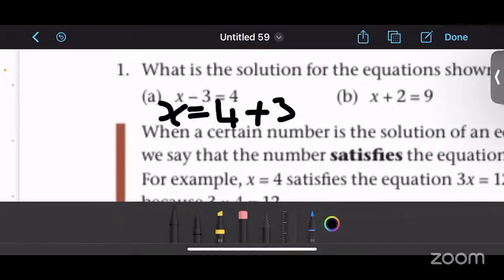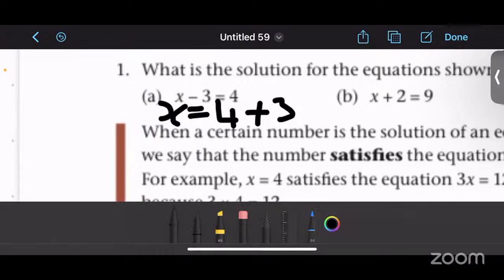And I've always told you guys that when you are taking a number to the other side of the equal sign, you're going to get a different sign than it initially had. So when you are crossing a number to the other side of the equal sign, the initial sign it had before it crossed is going to be the opposite.